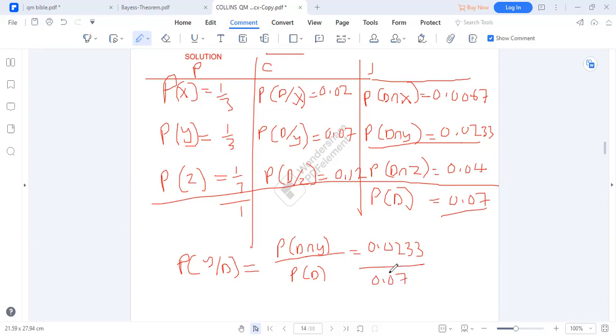So 0.0233 divided by 0.07. What do we get? 0.333. Preferably, don't round off too early in probability because you may end up adulterating the final answer.